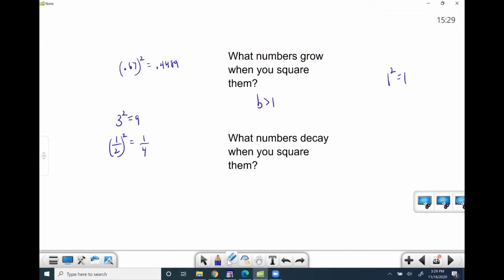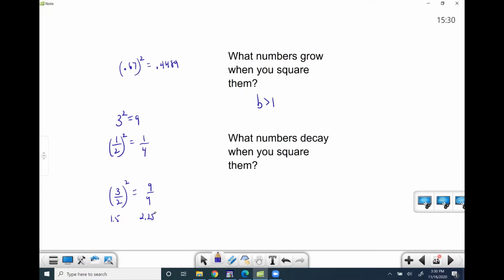Okay. All right. Now I want to think about what numbers decay when you square them. So what do you guys think? What kind of numbers will shrink when you square them? Anything that is less than 1? Yeah, and I have some students say fractions, which is a good guess. But here's a fraction, 3/2, which is 1.5 in your calculator. When you square that, you get 9/4, which if you put that into your calculator is 2.25. So this fraction actually grew.